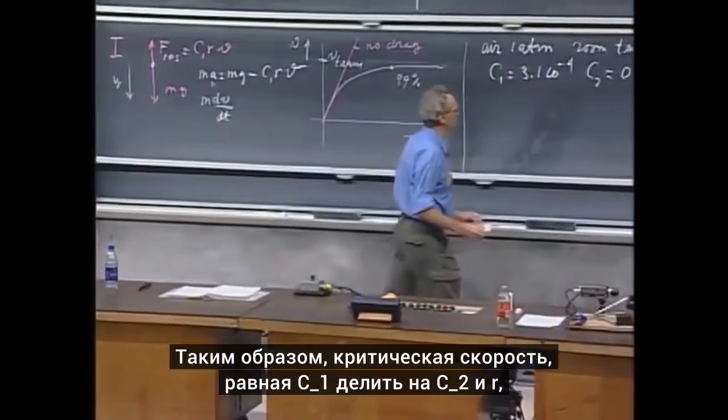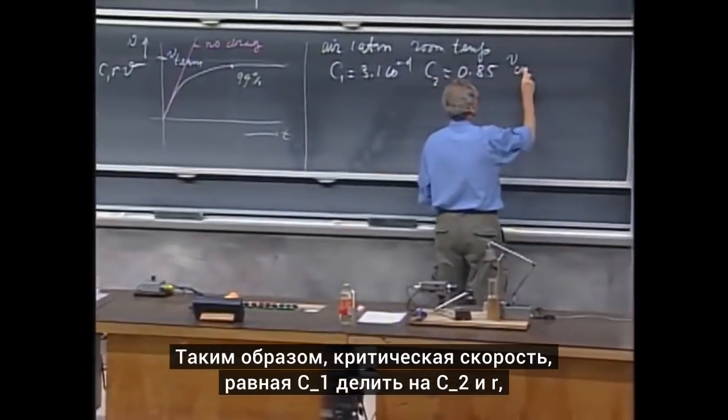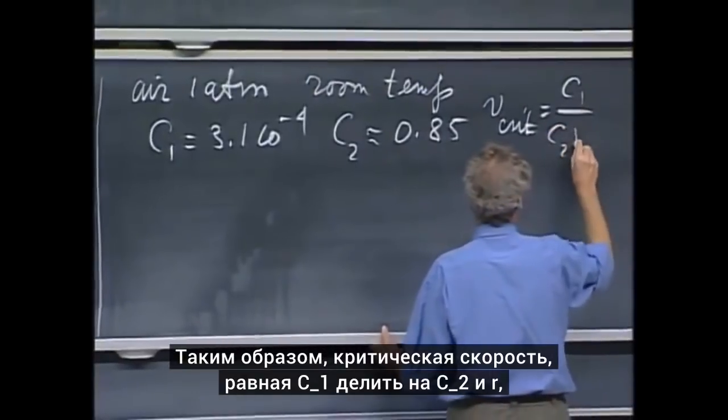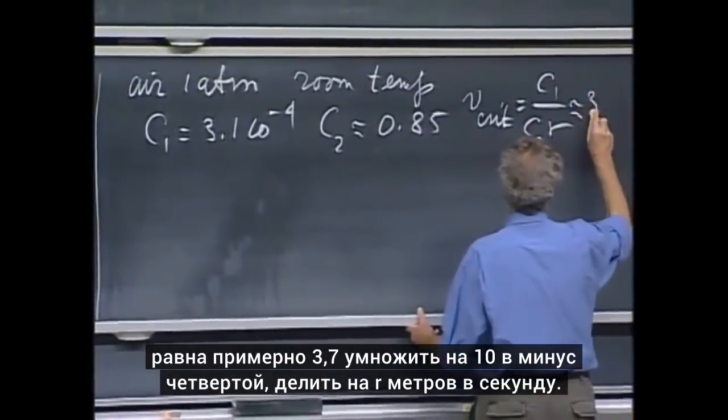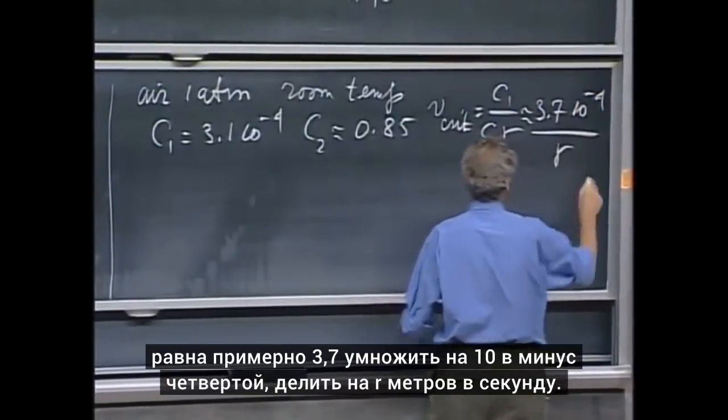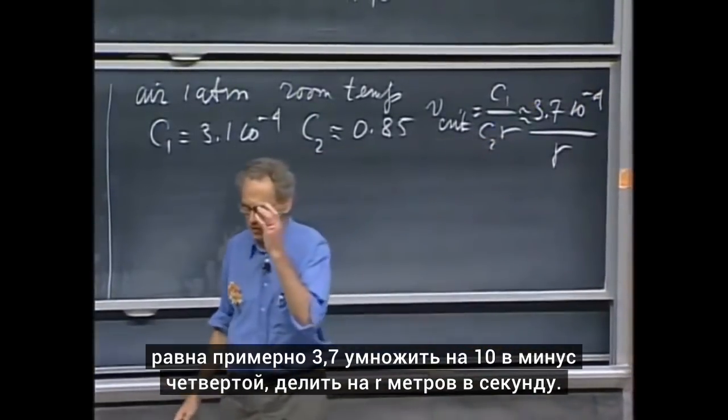And so the critical speed, which is C1 divided by C2 by R, is about 3.7 times 10 to the minus 4 divided by R meters per second.